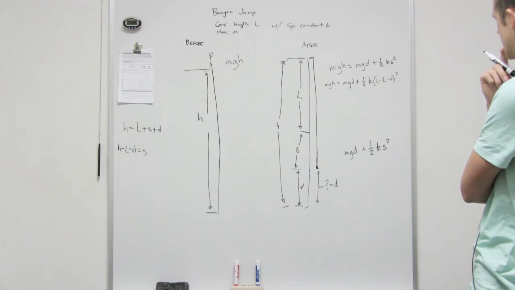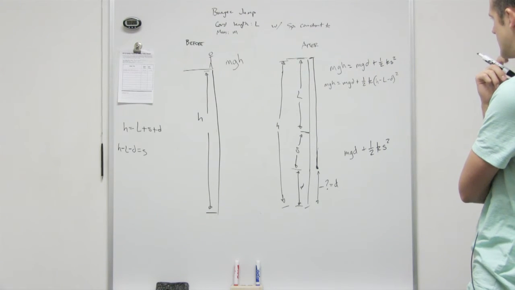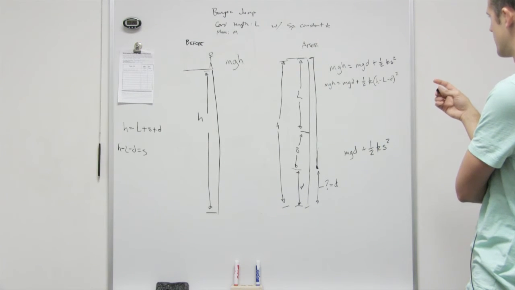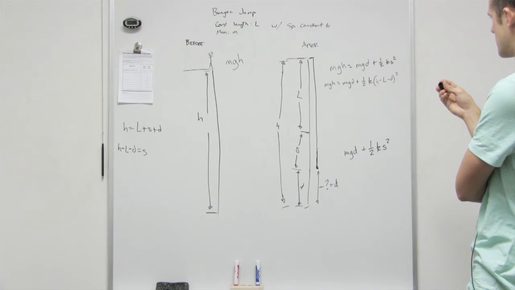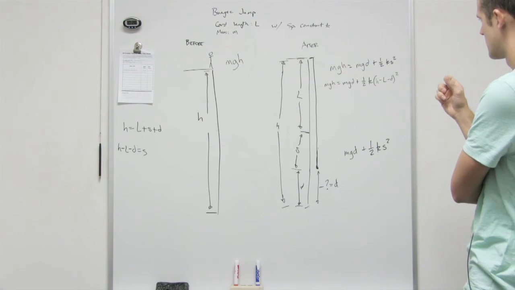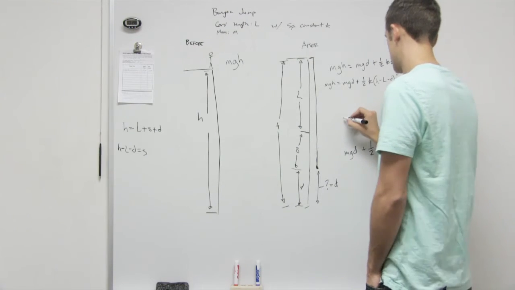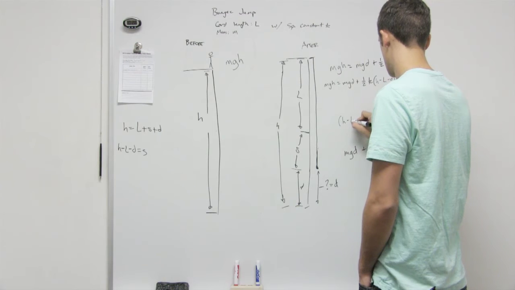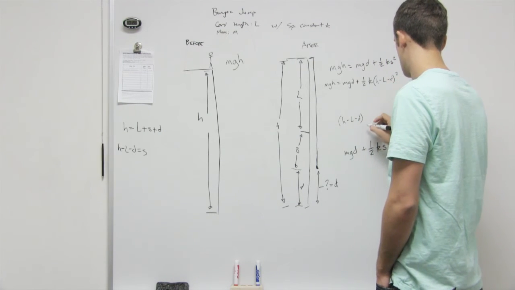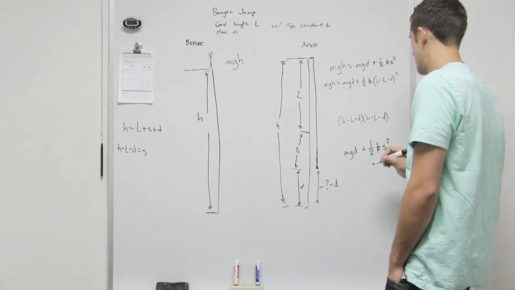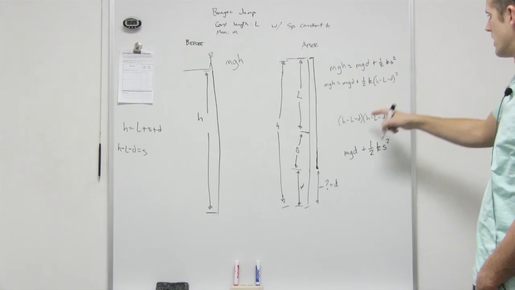I guess we just have to square that. Let's see, we get mgh equals mgd plus 1/2 k, and you said you'd square it, so it'd be h squared minus L squared minus d squared, is that what you're saying?